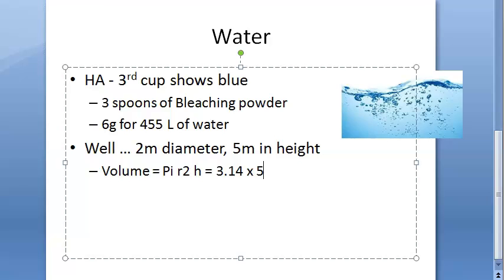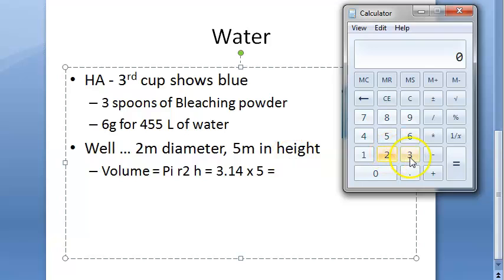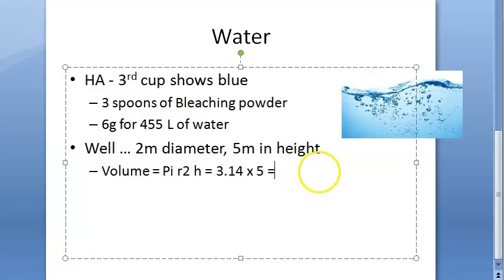Height is 5 meter. So the volume will become 3.14 into 5, that is 15.7 into 1000 liters. So that will become 15,700 liters of water in that well.